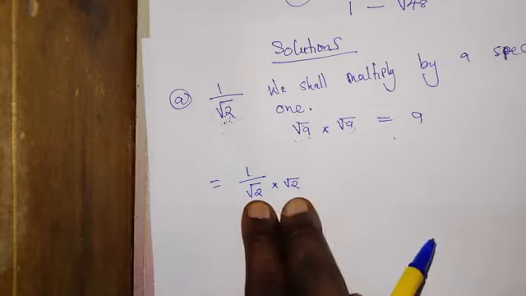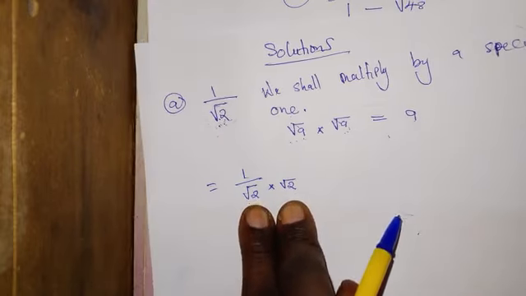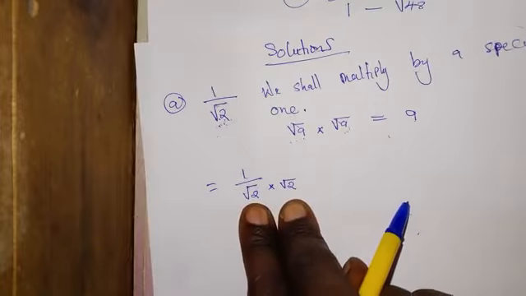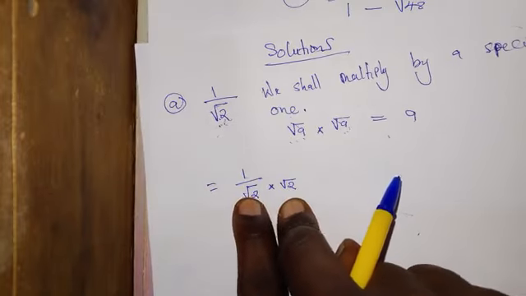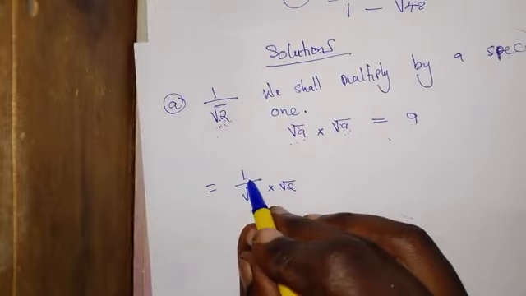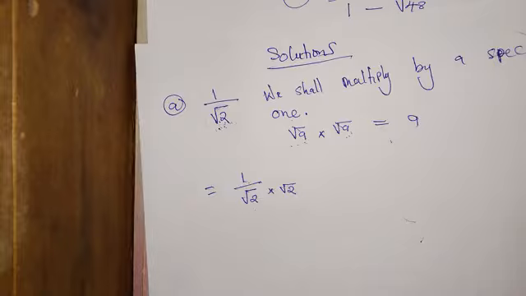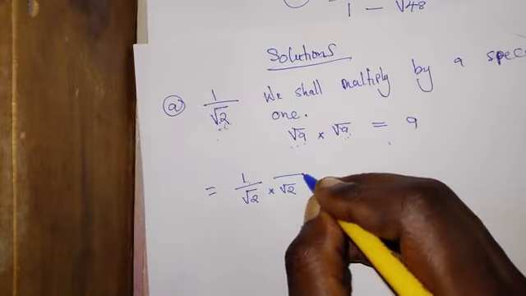Remember, root 2 multiplied by root 2 gives just a 2, so the radical has been deleted. But whatsoever you do to the denominator is supposed to be done also to the numerator.